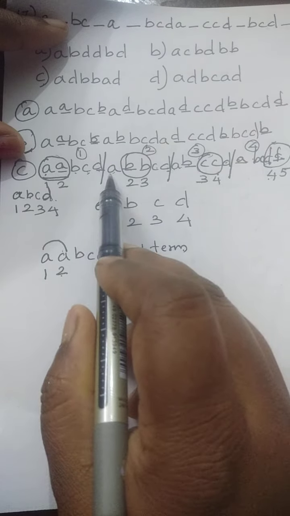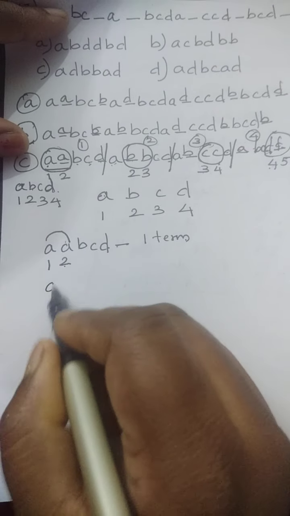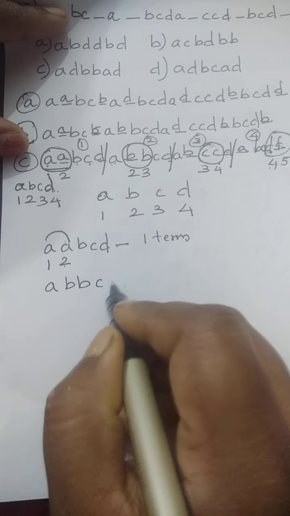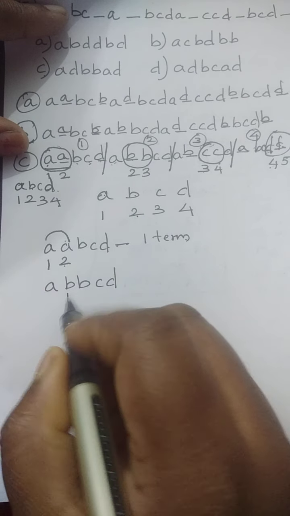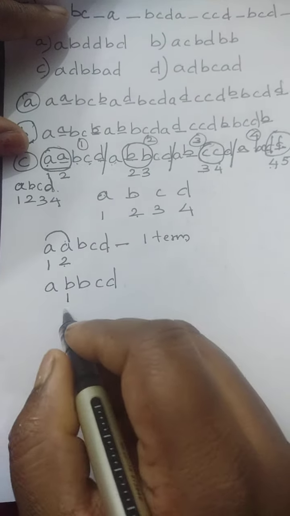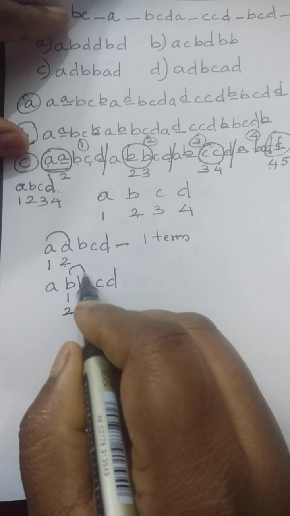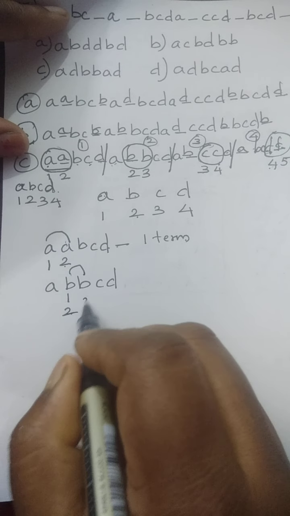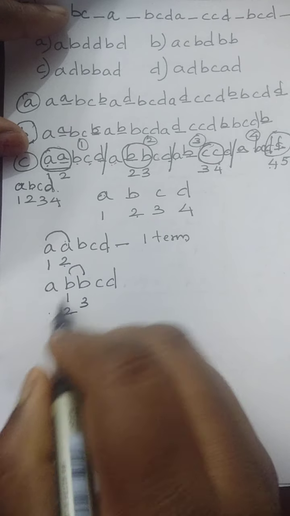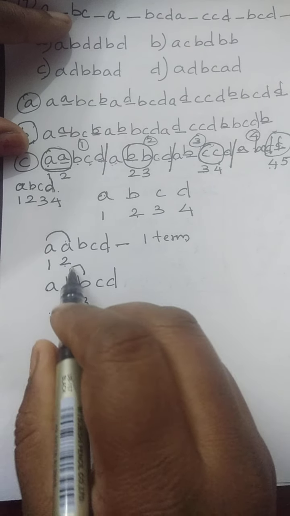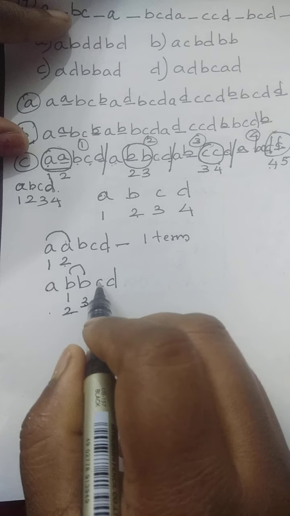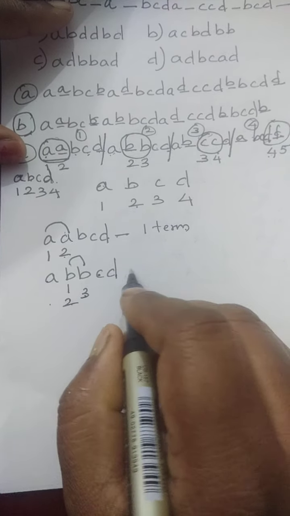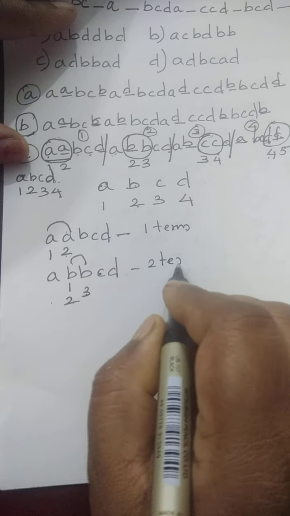Then take the second term, A, B, B, C, D. B is the second alphabet and is also repeated in the third place. So A first place, B second place, again repeated in third place, then the alphabet series continues with C, D. This is the second term.